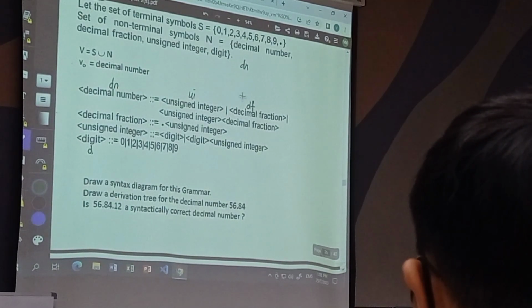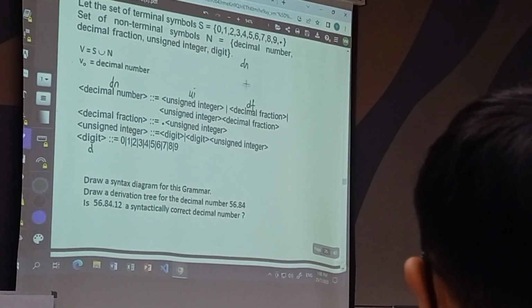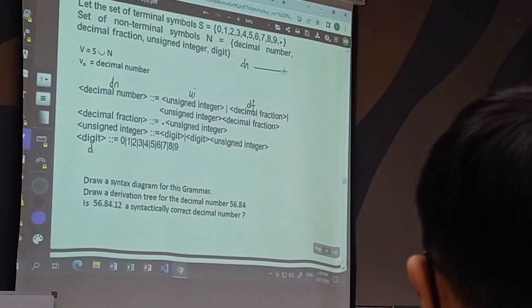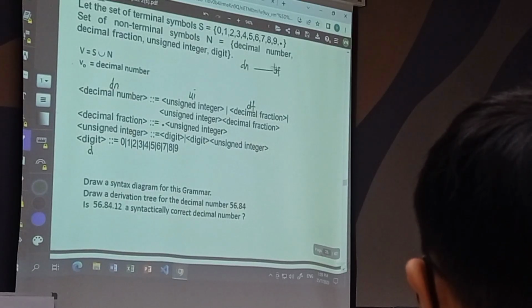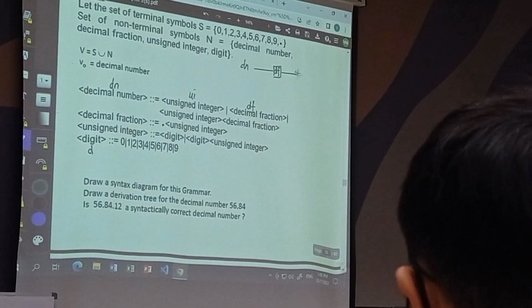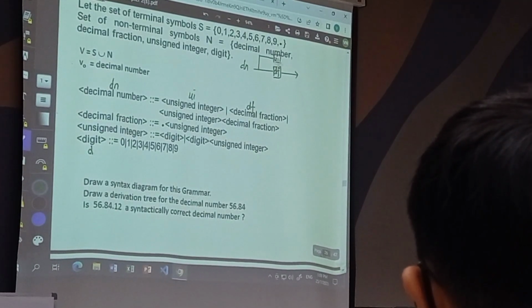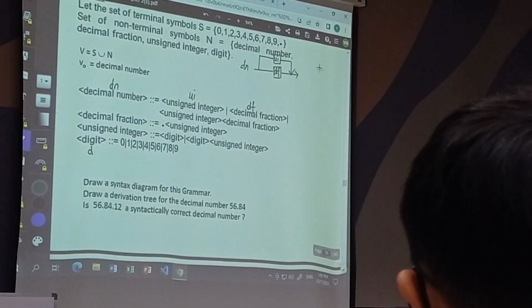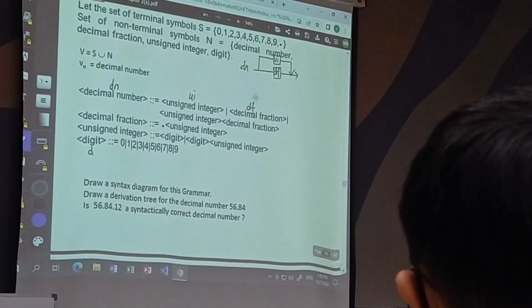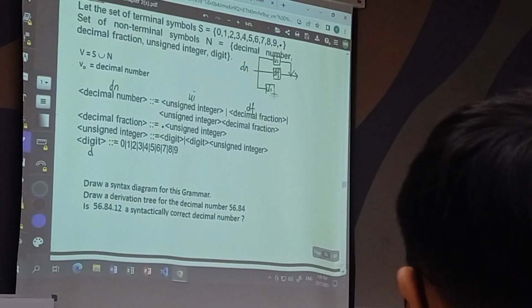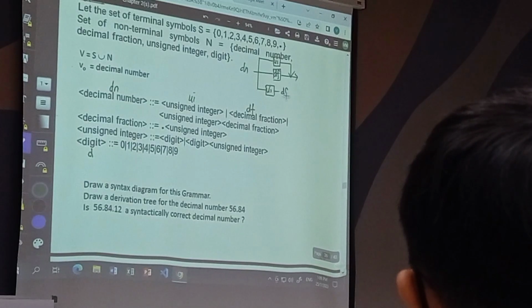Three alternative decimal number. You get this, right?